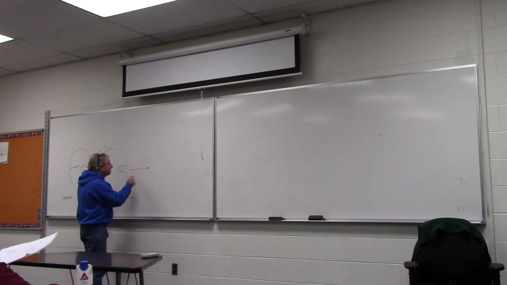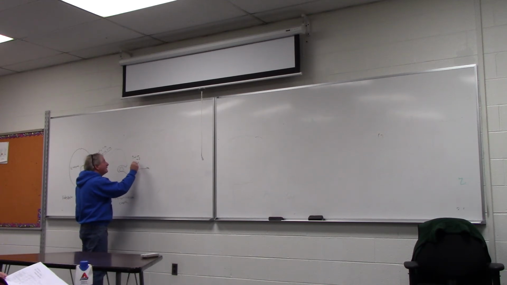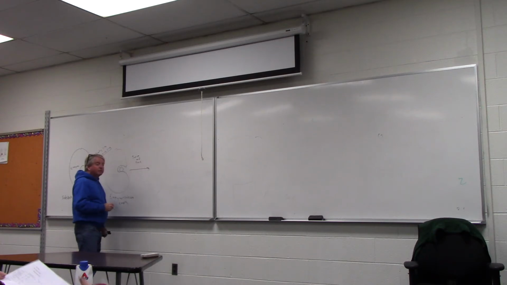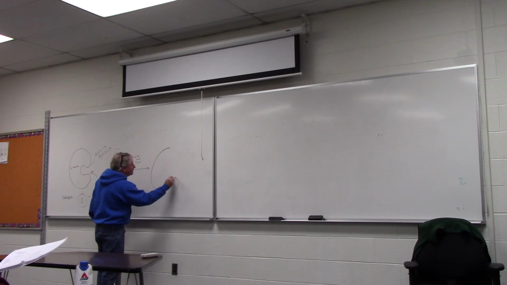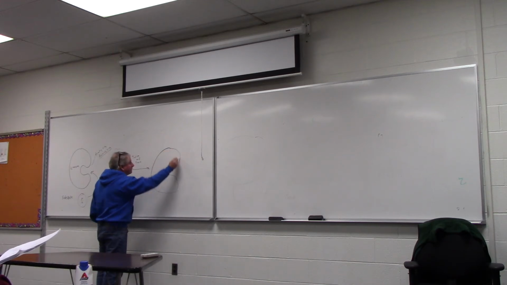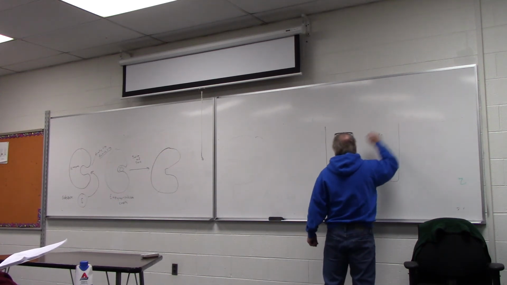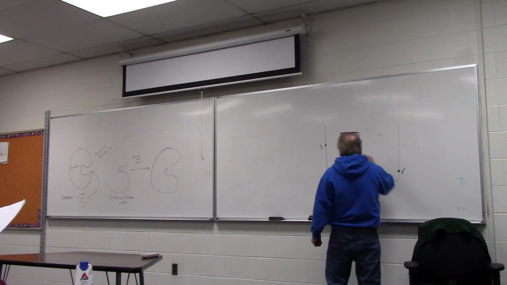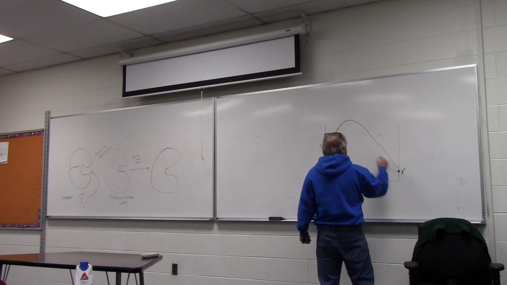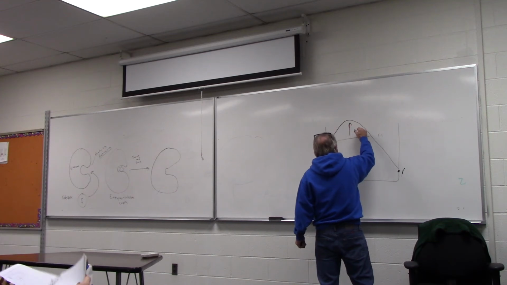Once that happens, the enzyme will twist and turn the substrate into what we call a transition state. Over here we have our substrate, and our product has to go over the hill. This is the activation energy.